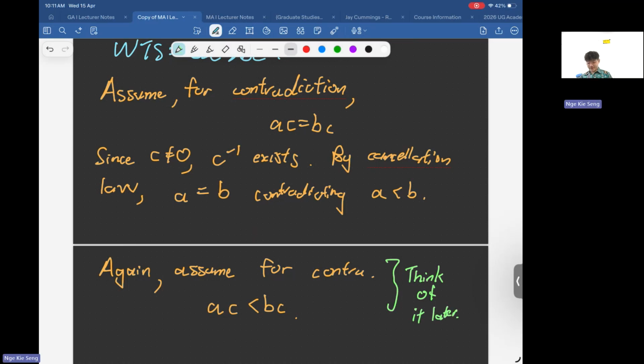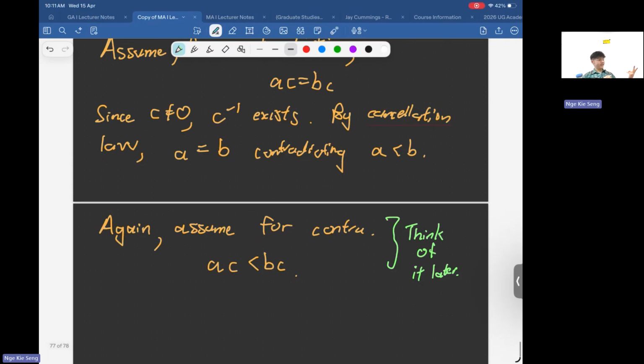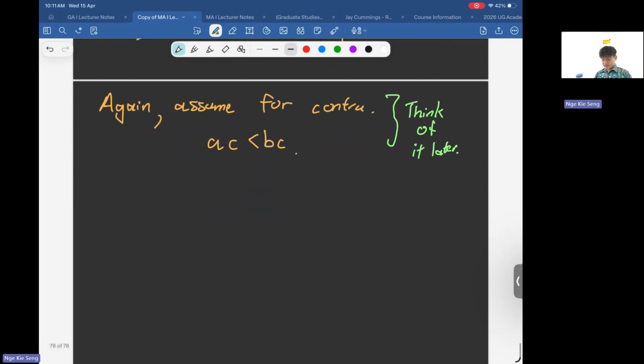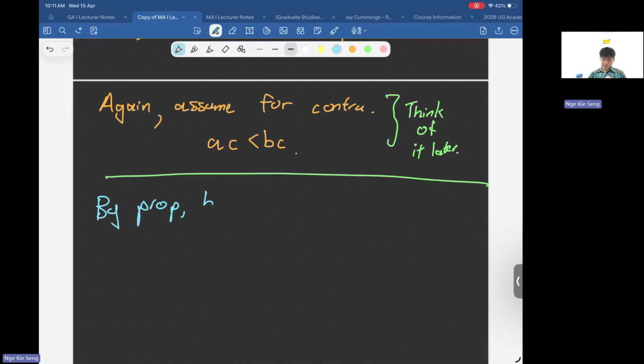Haven't yet? Okay, I'll let you think about it. If you can settle this case, then we are happy. But how about we use a different way? We're going to use the axiom again. By the proposition before, C less than 0 implies that negative C greater than 0. Then we can use order preserving.